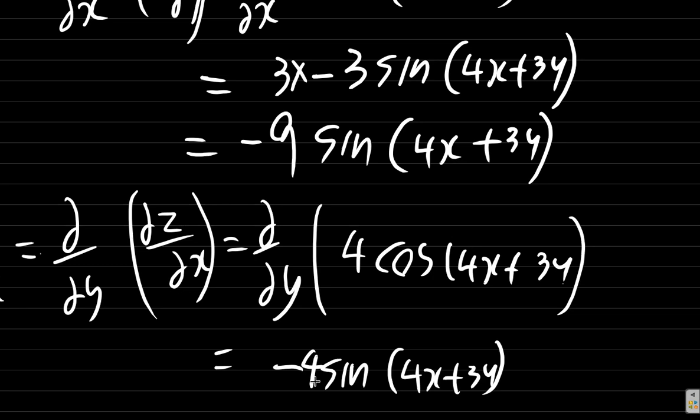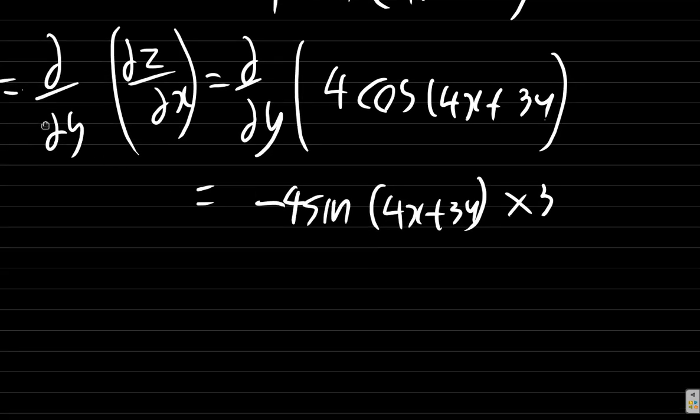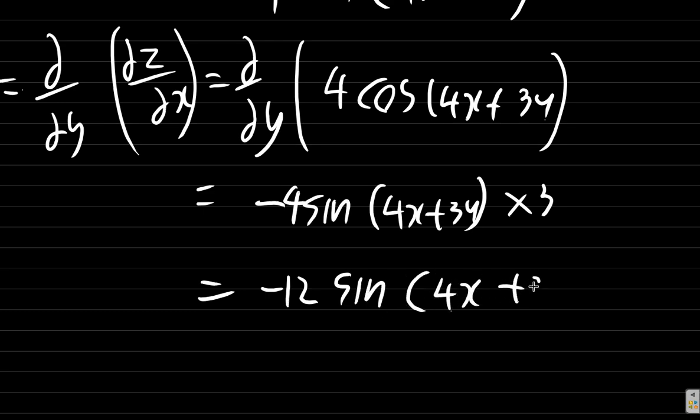And then you will find the derivative of the inside function and multiply it. Now, the derivative of 4x plus 3y with respect to y is 3. So you multiply by 3. So this now becomes 3 times negative 4 is negative 12 sine 4x plus 3y.